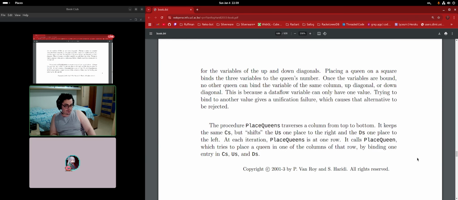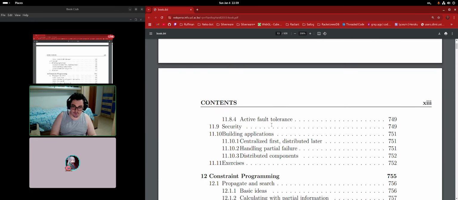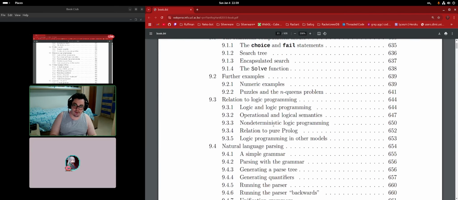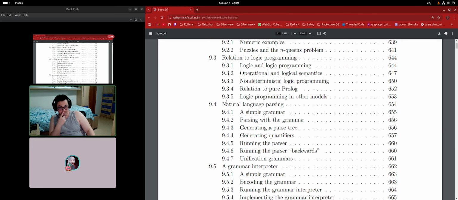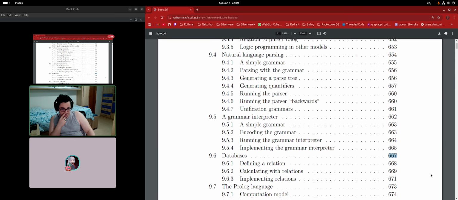Okay, so let's establish what we're going to read for next time. We are 11 minutes over, but that's fine. So there we go. We read until, okay, we are here. Going directly to the next one is 8 pages. That's still okay. Going directly to databases is now 13 pages.